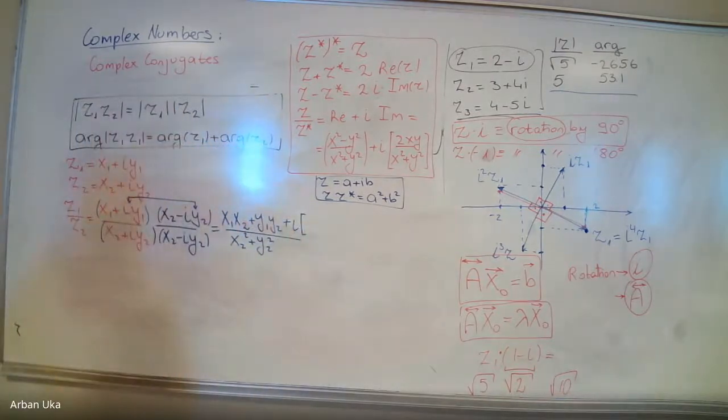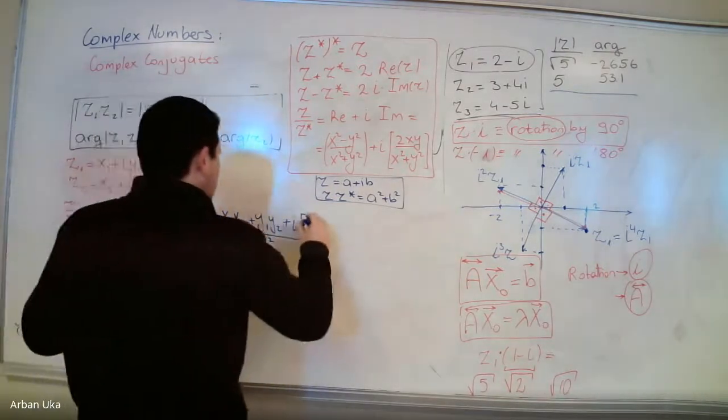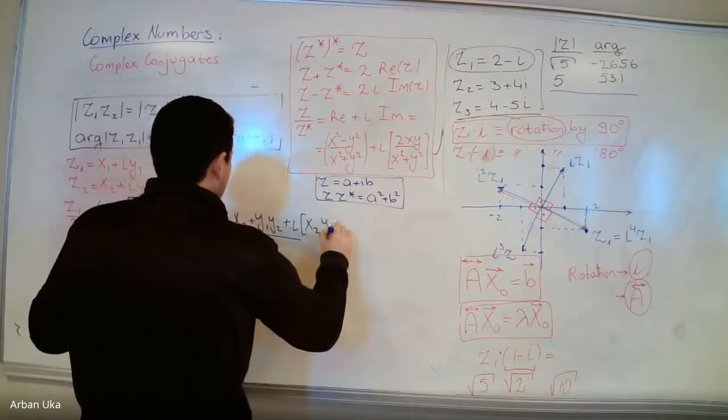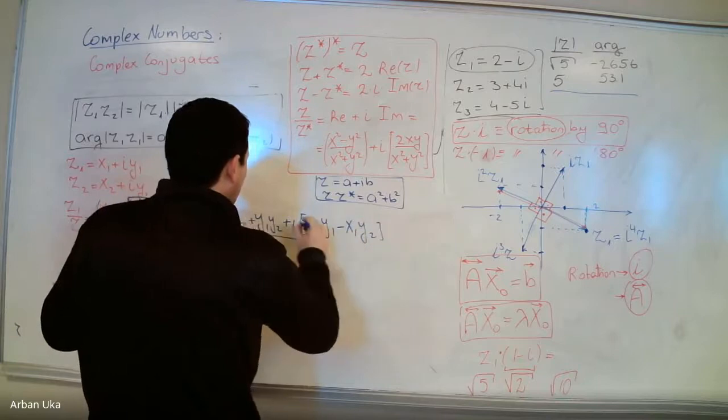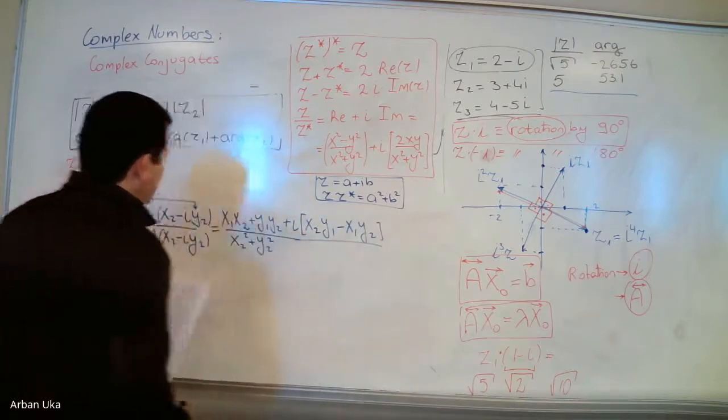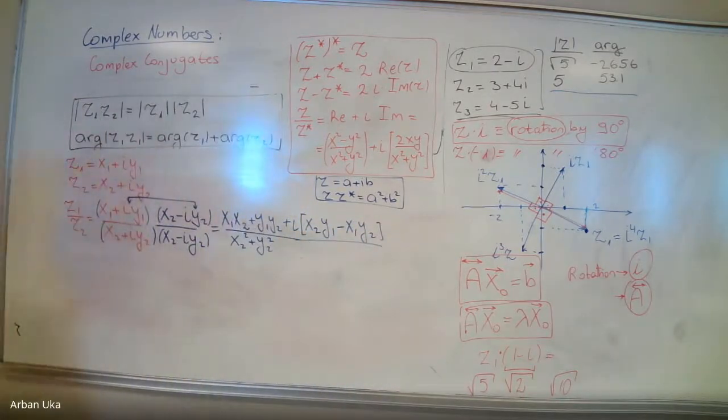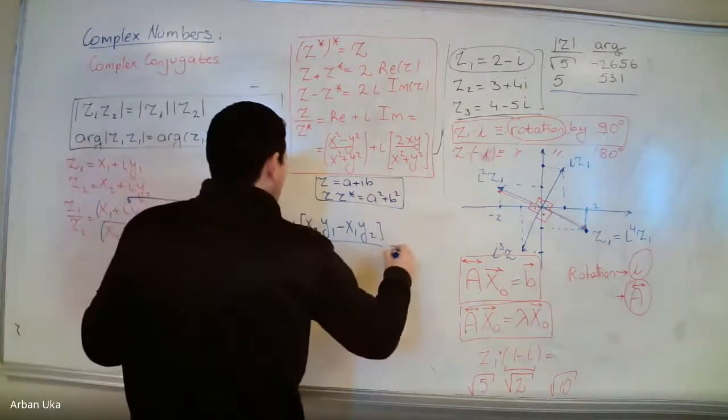So here we have plus I times x2 y1 minus x1 y2.